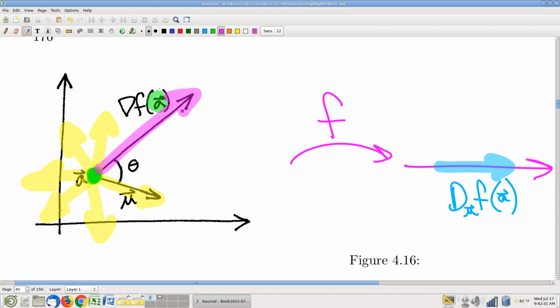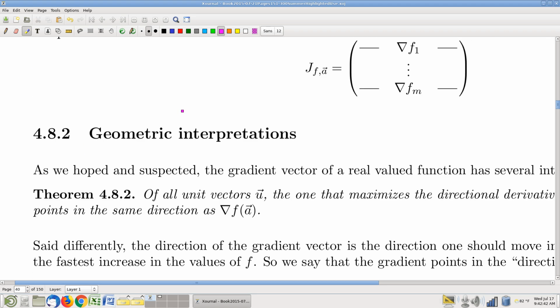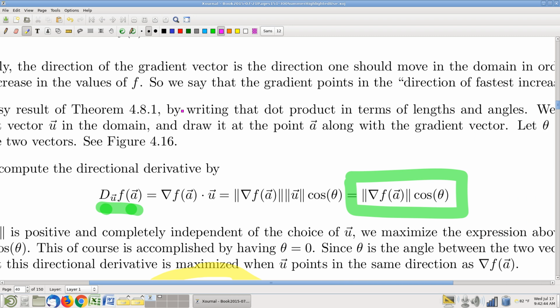The gradient vector doesn't depend on which unit vector you dot it with. The gradient vector depends only on location. In all these scenarios we're starting at the same location, right? So the magnitude of the gradient is independent of what we're looking for. It's constant as far as we're concerned.